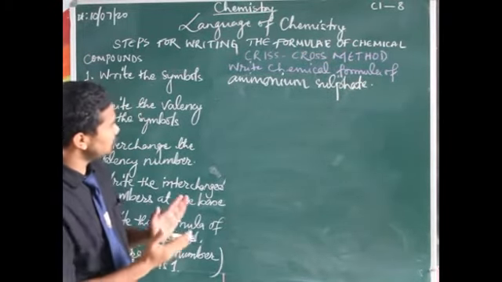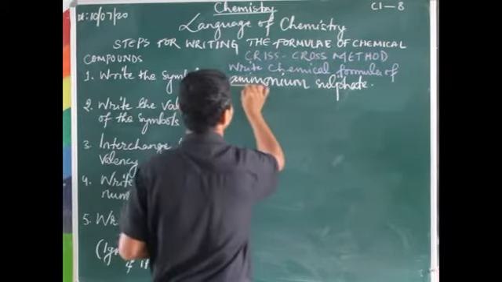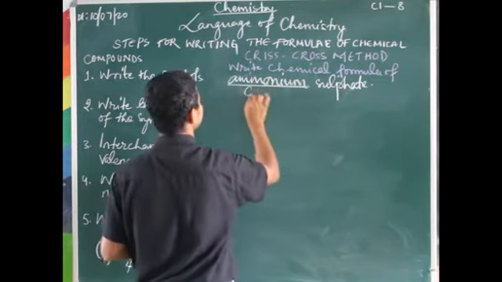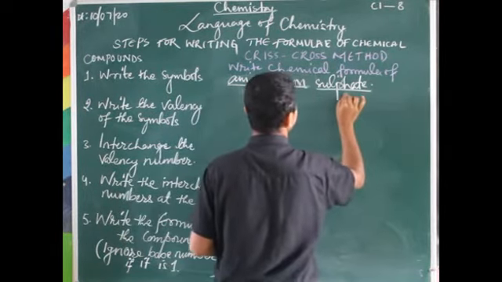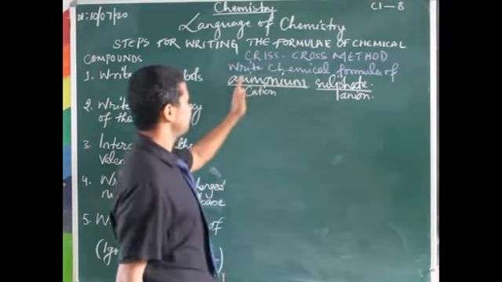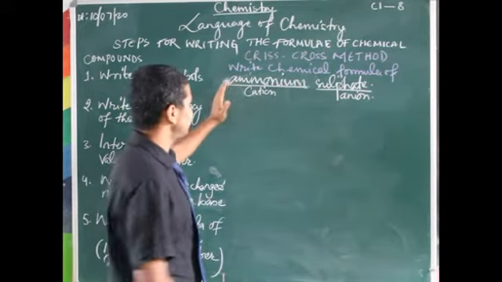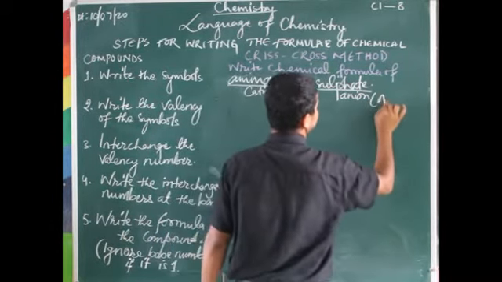Here, can you tell me which is the cation or positive radical? Ammonium is the positive radical, the basic radical, and sulphate is the negative radical, the acid radical.